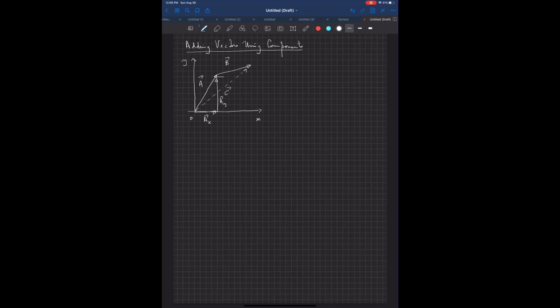Similarly, here's the vector B sub x, and here's the vector B sub y. Okay, I've broken up the vectors A and B into their x and y components. And now let's look at the following figure.